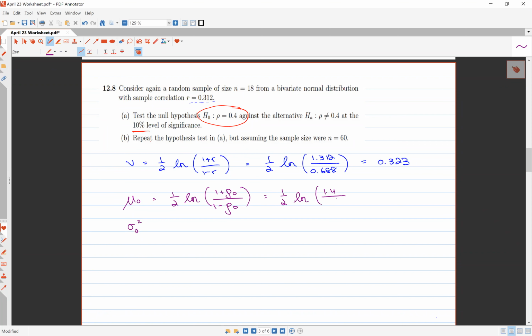So this would be half the natural log of 1.4 over 0.6. That gives us 0.424. The null variance is easier to calculate. That's just 1 over n minus 3, which gives us, in this case, 1 over 15. So this lets us now calculate a z statistic.